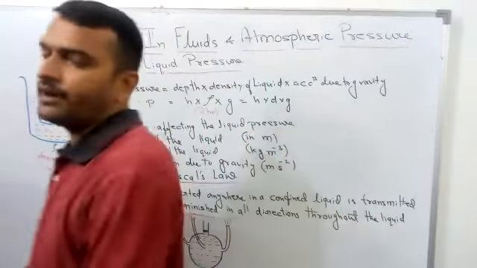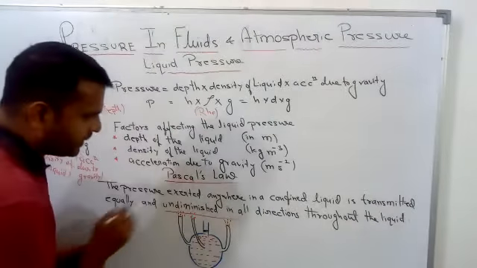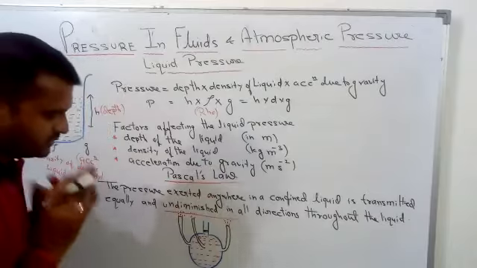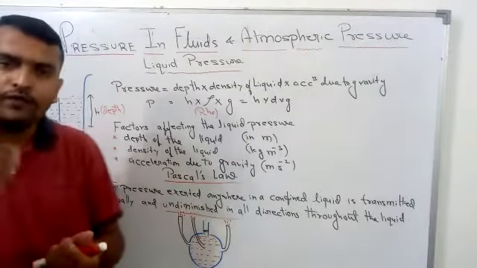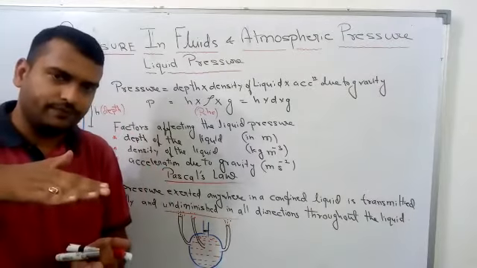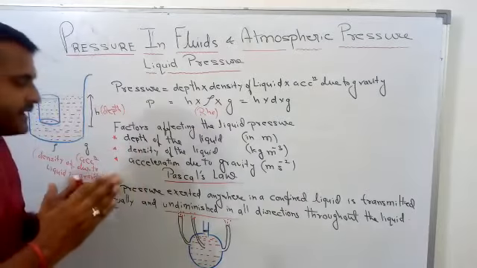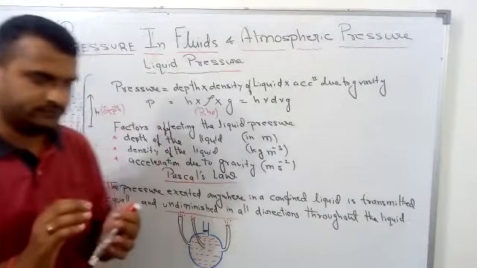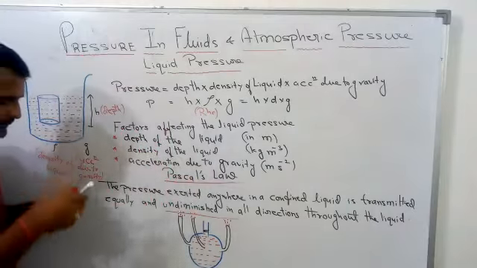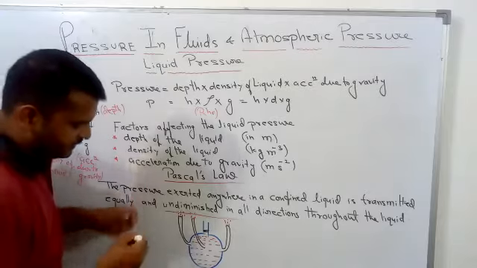Different liquids have different liquid pressure. Now the next topic, Pascal's law. What is Pascal's law? Students, when we put pressure on a liquid, it transmits the pressure equally in all directions. See here, initially we are not putting any pressure.